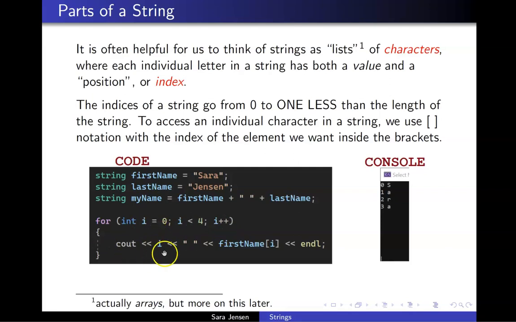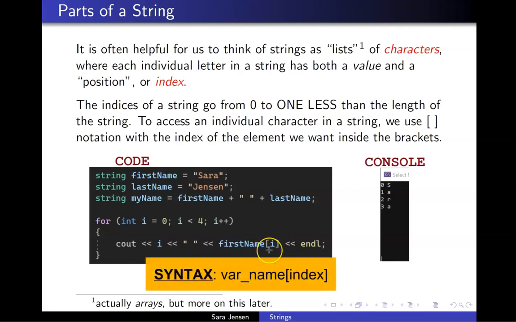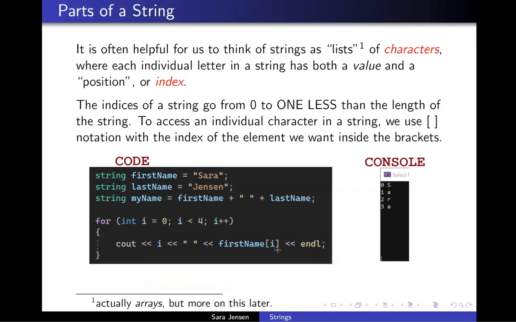So first, we print that index value to the screen. We then ask for a space to be printed to the screen and to see the actual value in the first name string at the position i, we use the variable first name, square bracket, the position we wish to see the character of, followed by a closing square bracket. We then end the line.